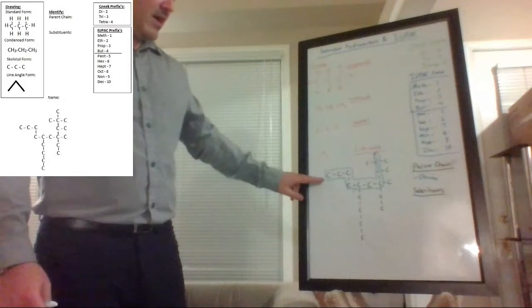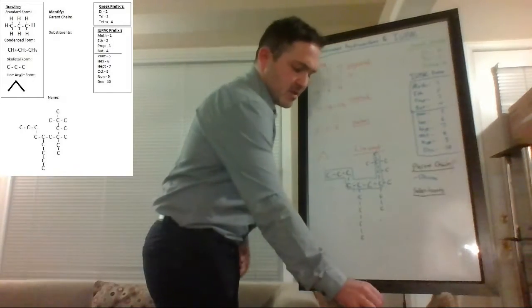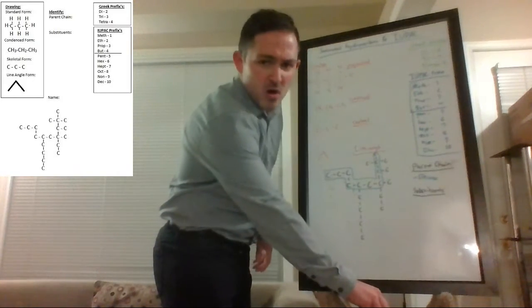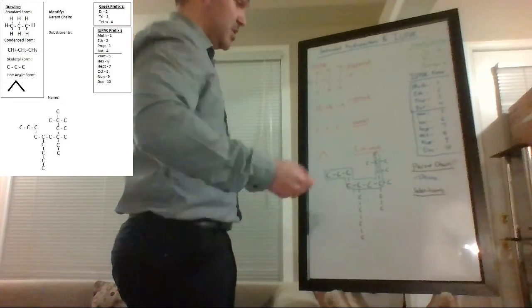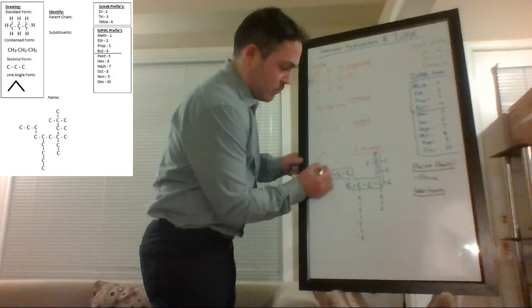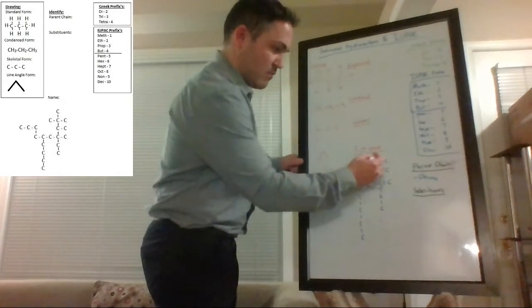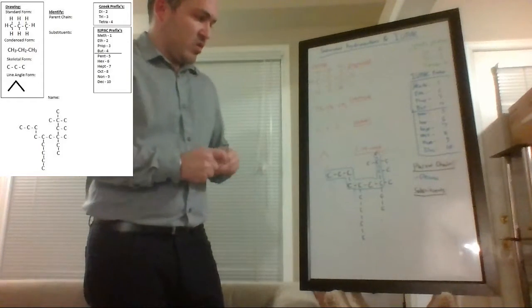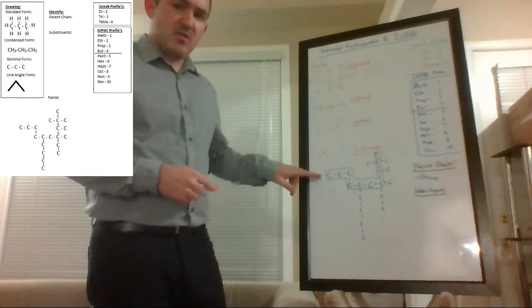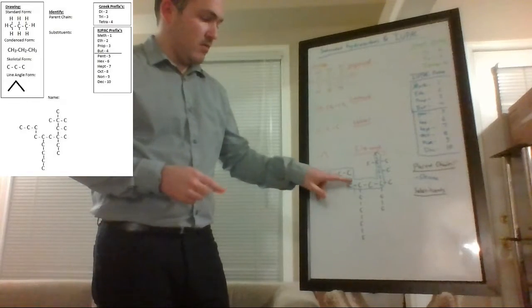If we started from this side, let's say we named our parent chain, I'm just going to show you an example. This is wrong, but it's good to learn from the wrong way to do things, how you actually do it correctly. So let's say we name this one 1, and we name this one over here 10. We're going to start from 1 to number our substituents. So 1, 2, 3, 4, 5.